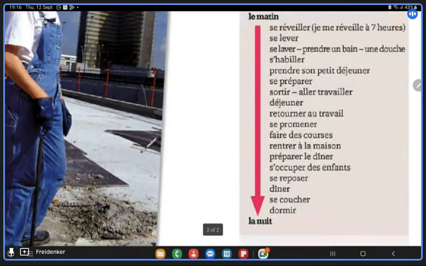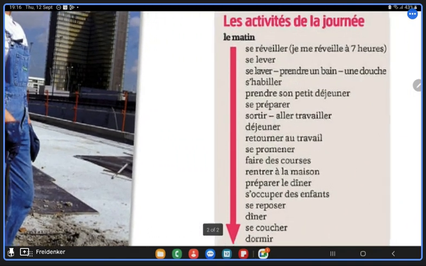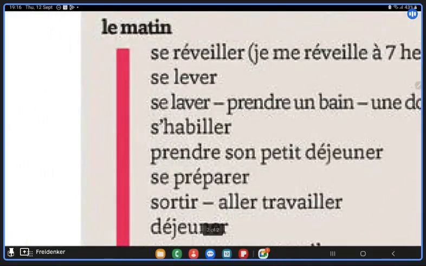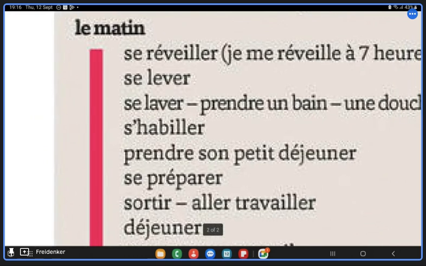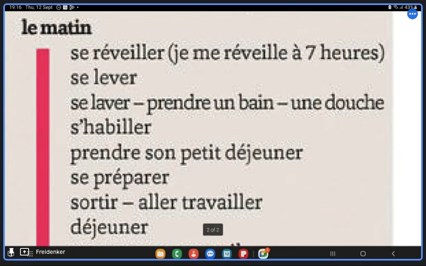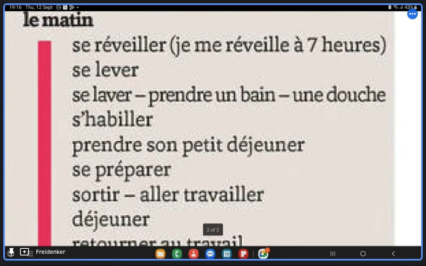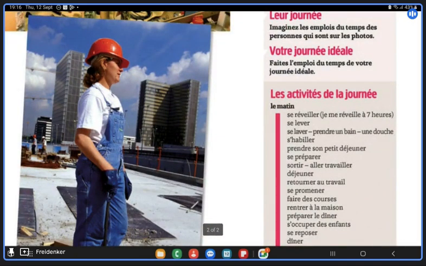See, you have some examples here. Se laver means to wash oneself, to take a bath, basically. Prendre means to take. You're supposed to know that conjugation as well.